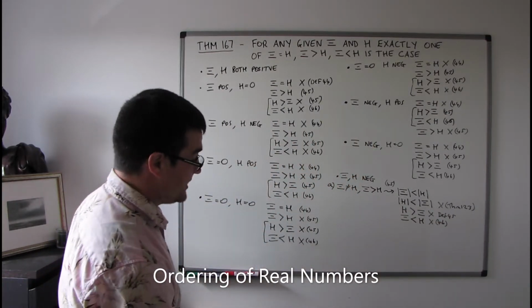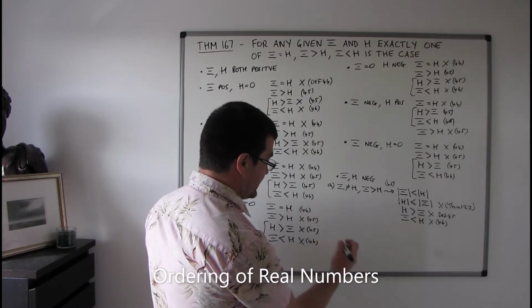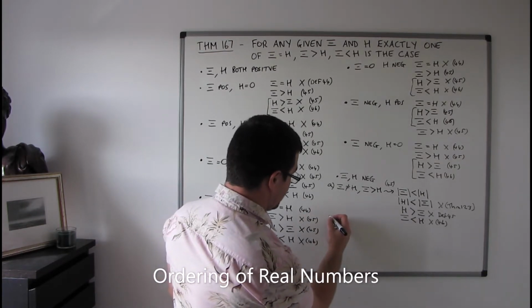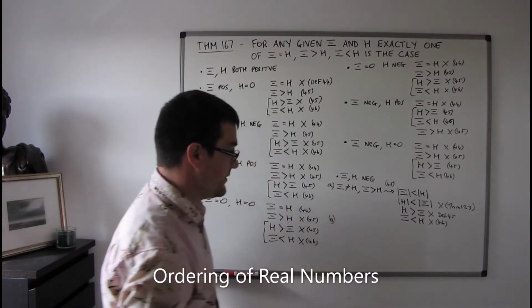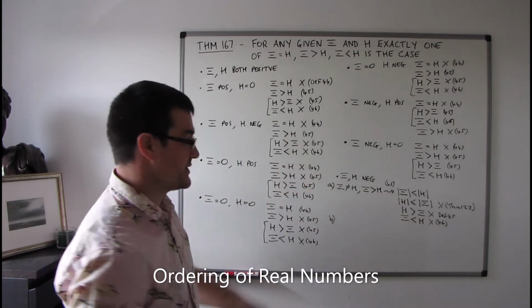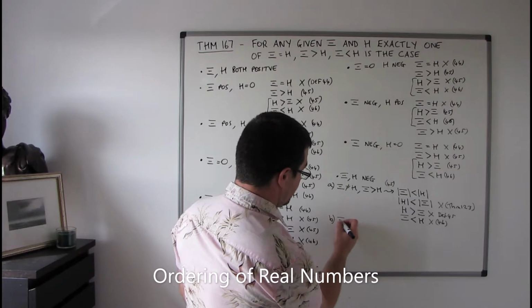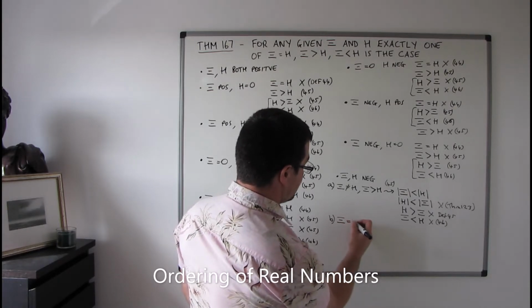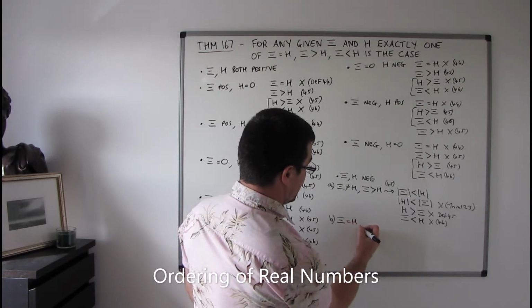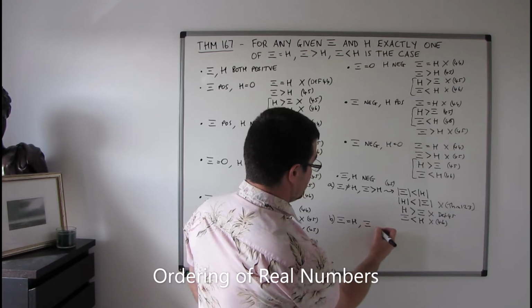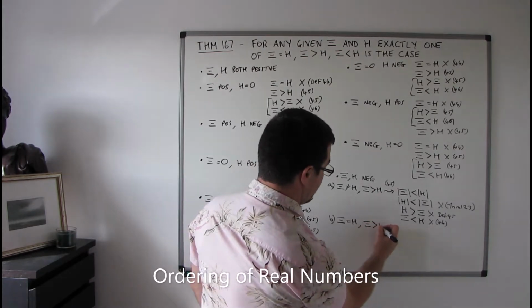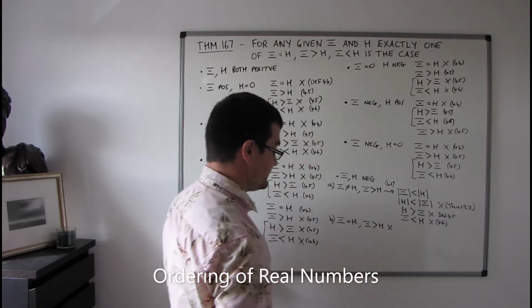And just because I'm running out of space, I'm just going to state the next two cases. I'm not actually going to go through them, but they're just as straightforward as all of the ones that I've done so far. In this case, we would assume that psi is equal to eta, and that psi greater than eta does not hold.